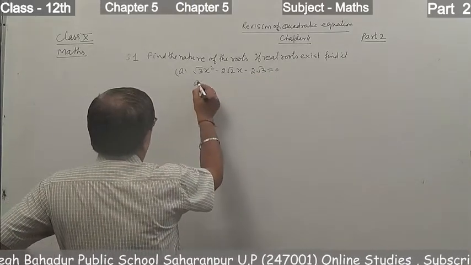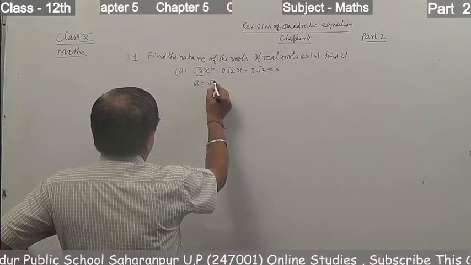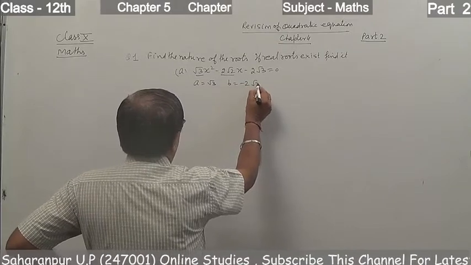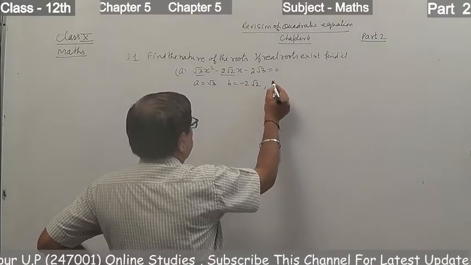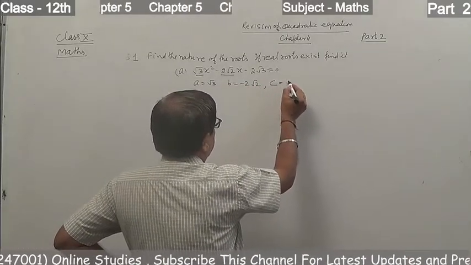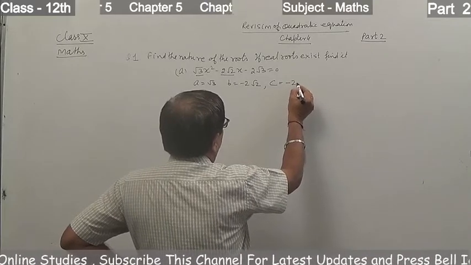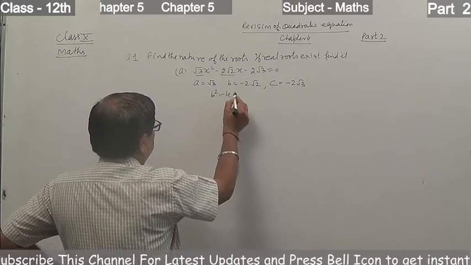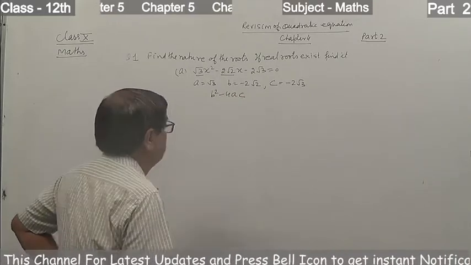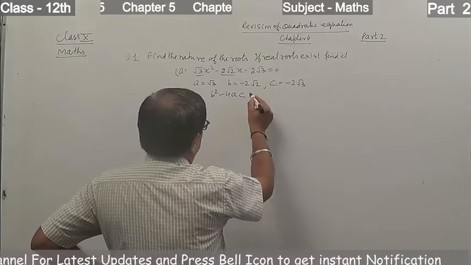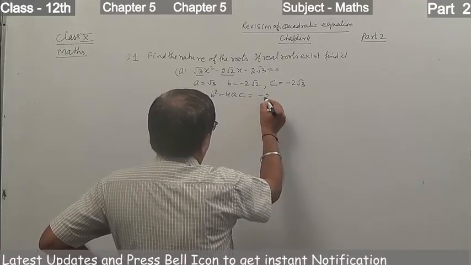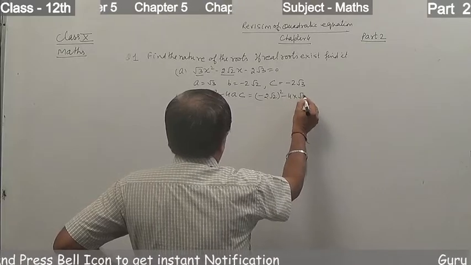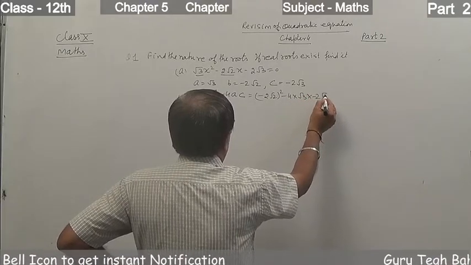So A is root 3, B is minus 2 root 2 and C is minus 2 root 3. So B square minus 4AC, that is the discriminant: minus 2 root 2 square minus 4 into root 3 into minus 2 root 3.